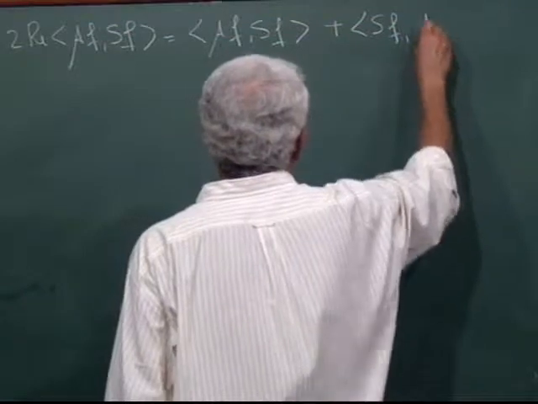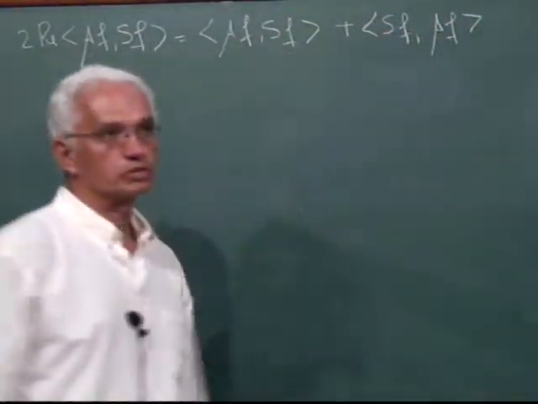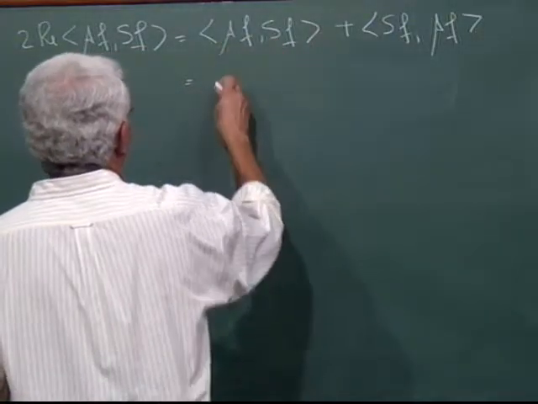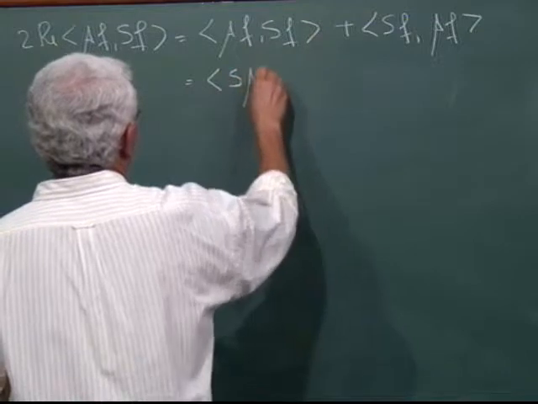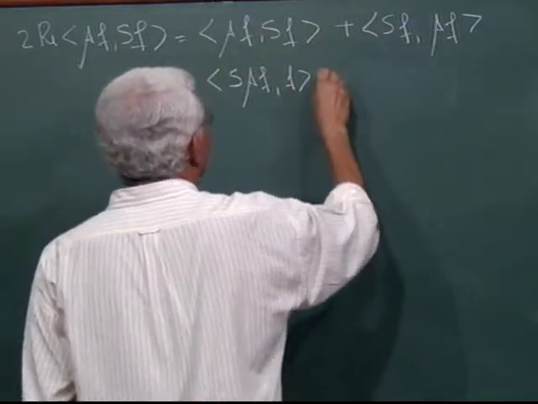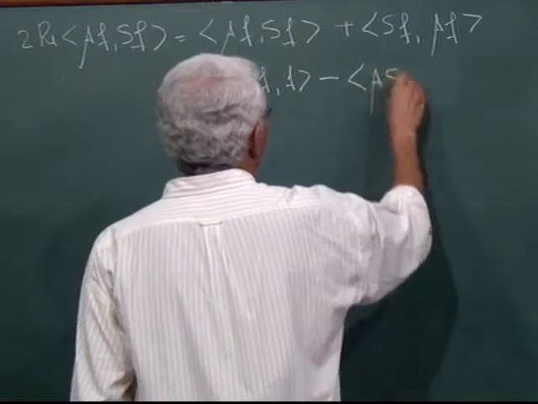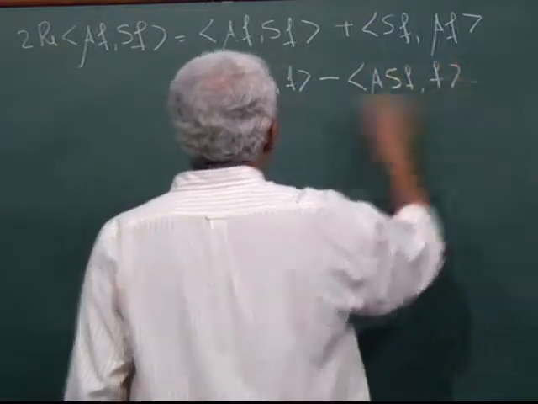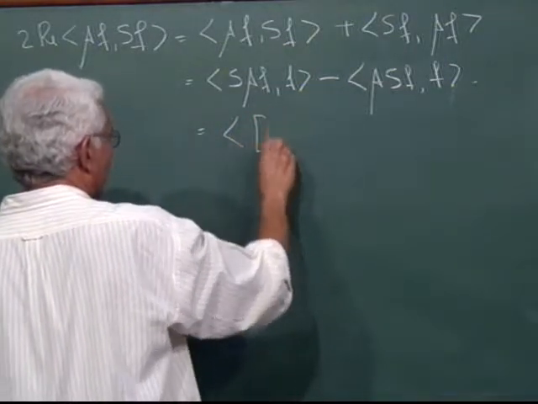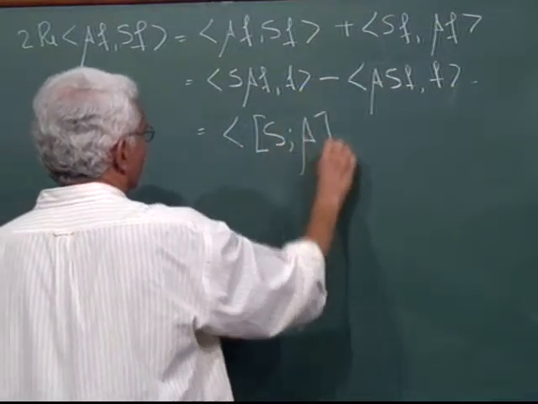The conjugate of this is to switch. If I change S to this side, I have exactly the same business because S is symmetric. If I switch A to this side, I have minus. Then what you have here is the commutator, and you need the commutator all the time because this is what gives you what you want.